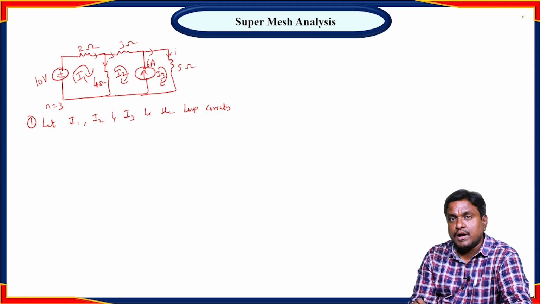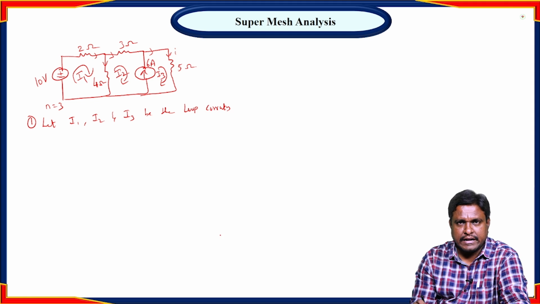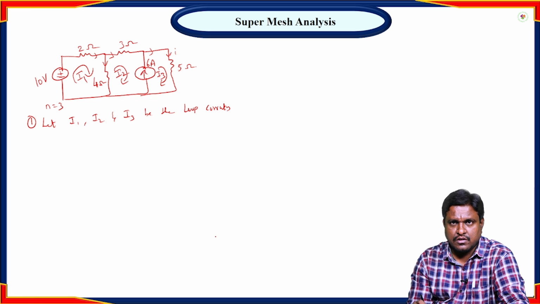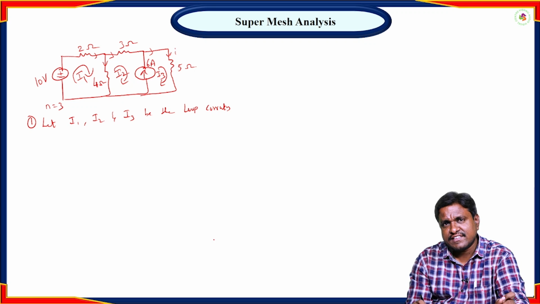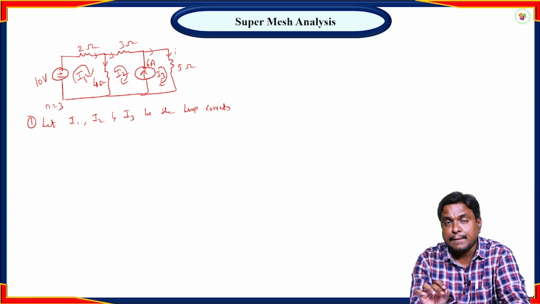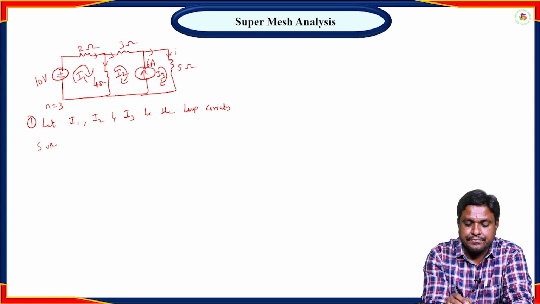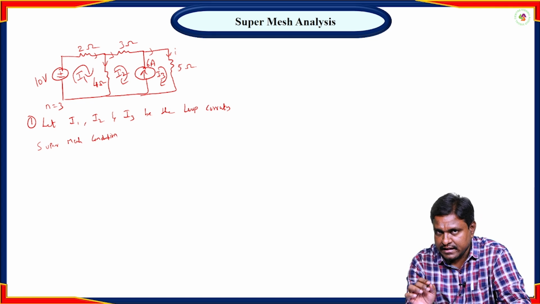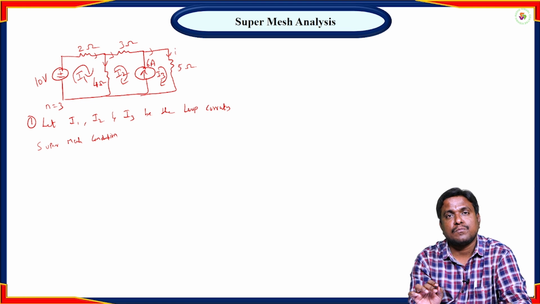Next, what is the next step? We have to identify the loops which are under super mesh. Here we have different cases. If there is a current source between any of the two loops, then the particular loops are said to be under super mesh condition.